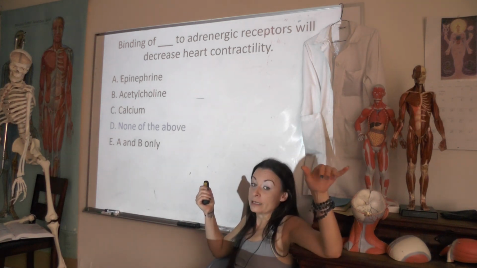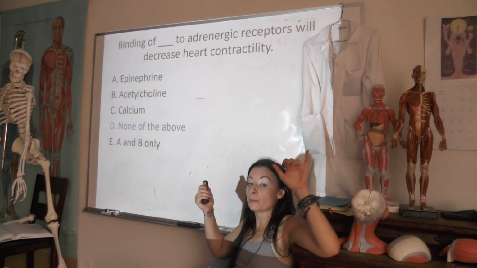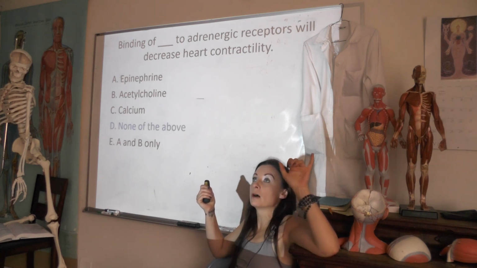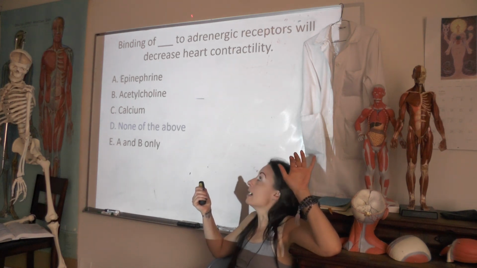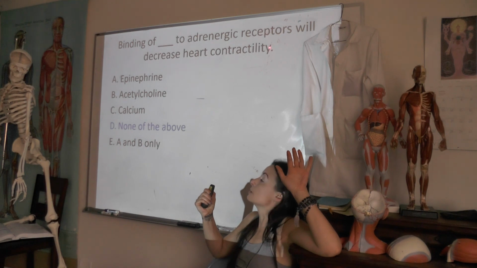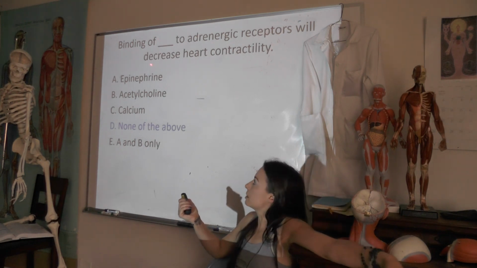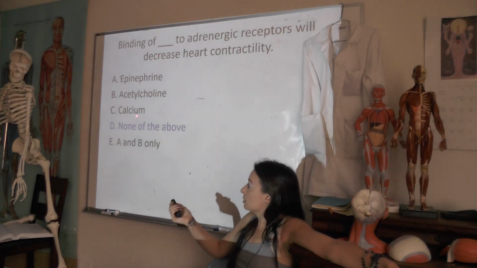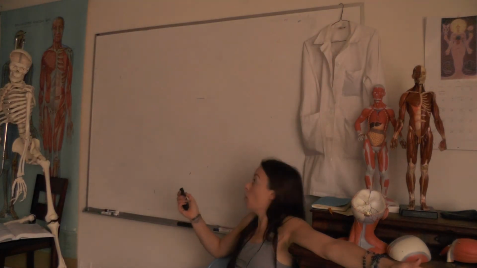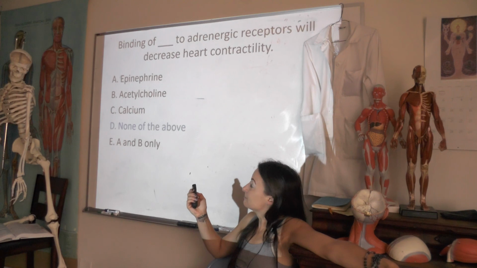Where we're different is that in the sympathetic division, the postganglionic neurons are adrenergic, which means in our sympathetic division, our targets have to have adrenergic receptors. In our sympathetic division, are we ever going to decrease heart rate? Never, not once. So, that answer is none of the above.